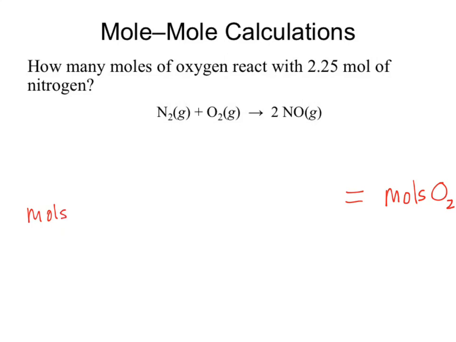Someone whispered it over there, kind of drowned out by everybody saying just moles. This is why writing the substance is important. If I just write moles, what's my answer unit? Moles. What's my starting unit right now? Moles. Hey, what's my answer? Oh, it's 2.25. Really? Okay, could be.